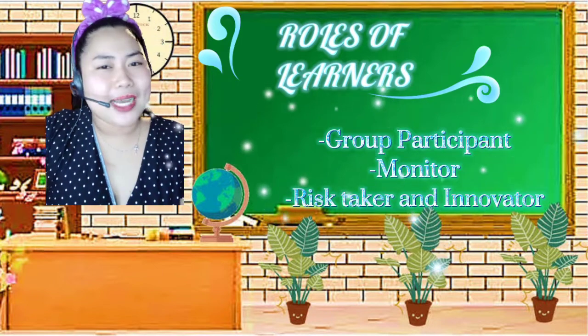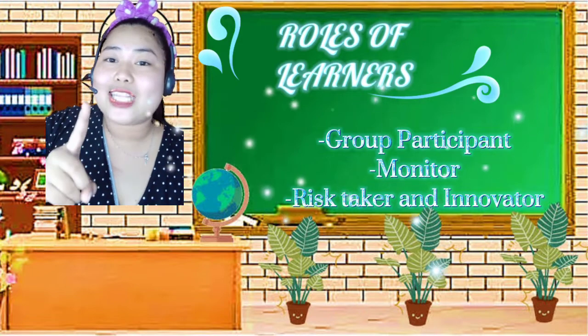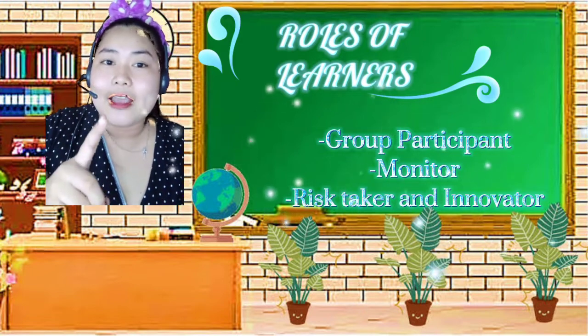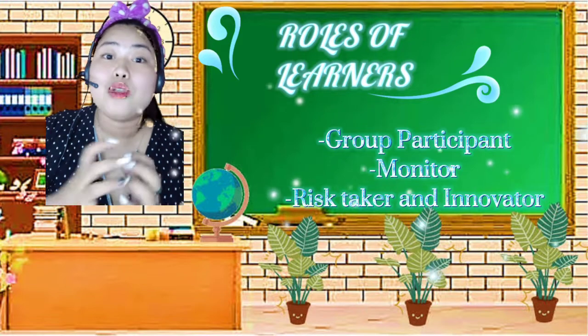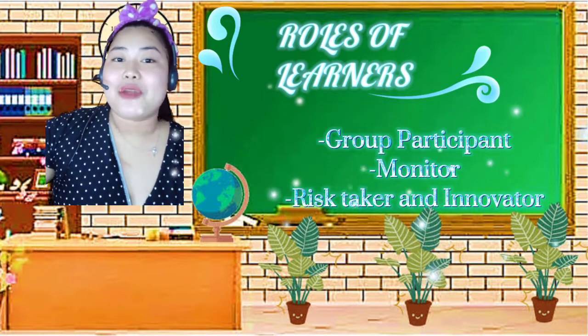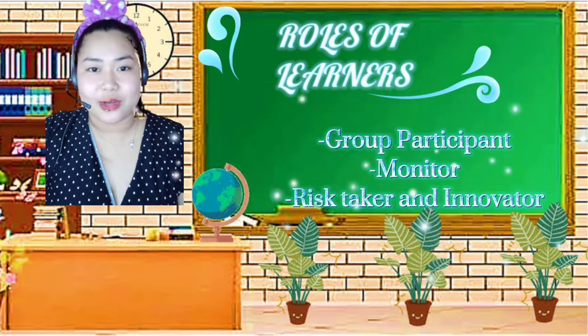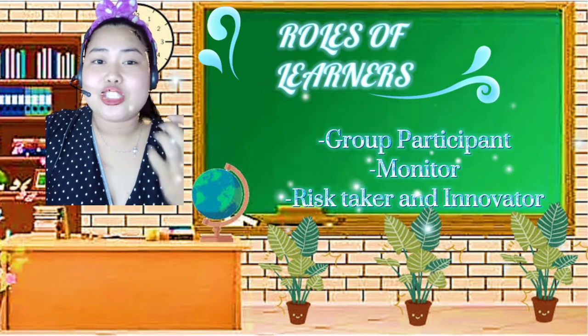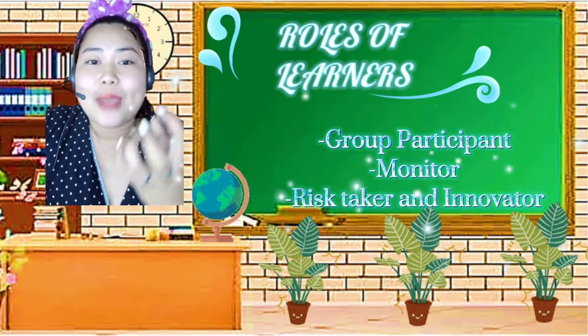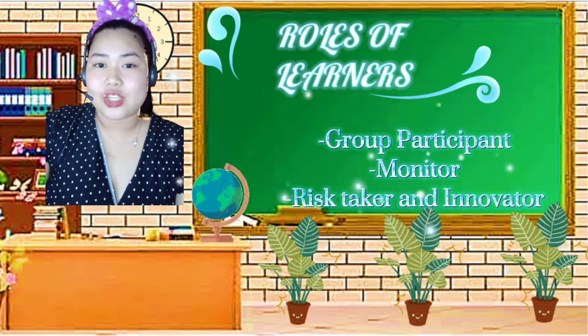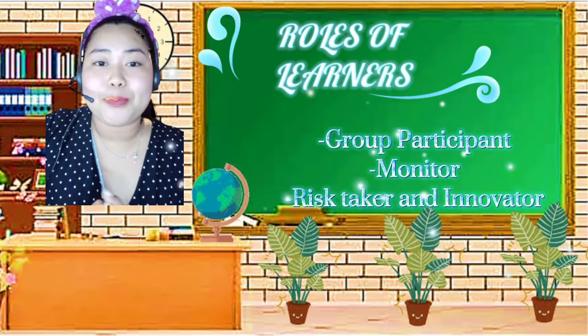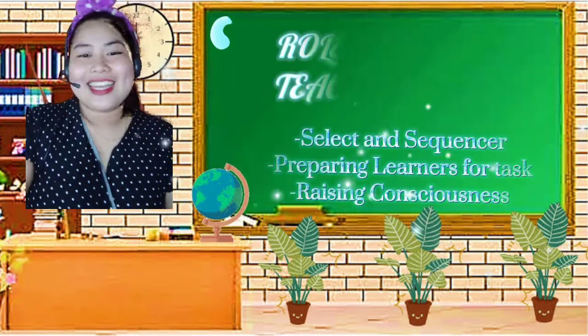So sometimes one student might be a monitor and take care of the whole group. Lastly, the risk taker and innovator, which means that the student has to make use of the language and take a risk in producing the language.